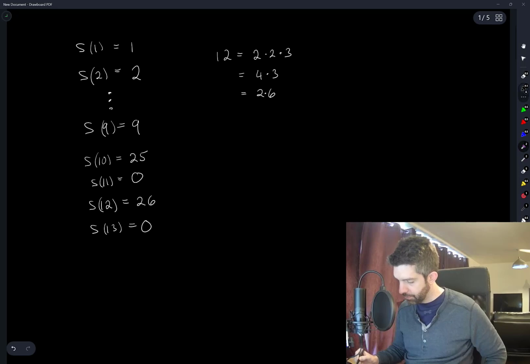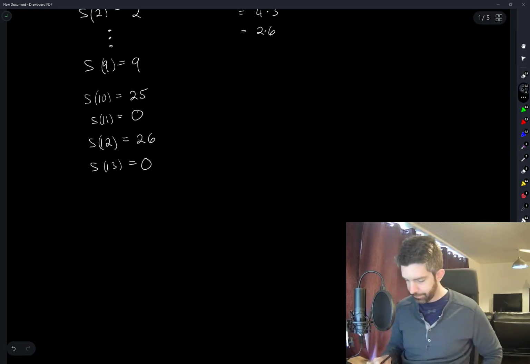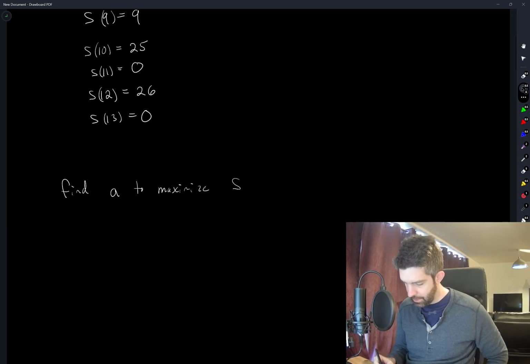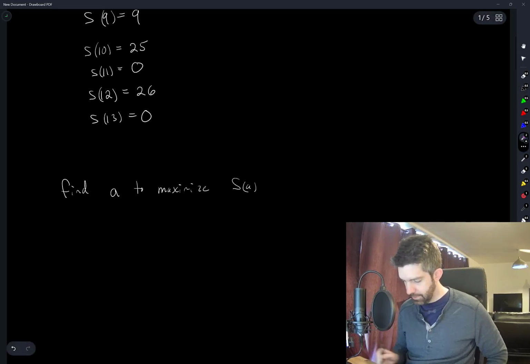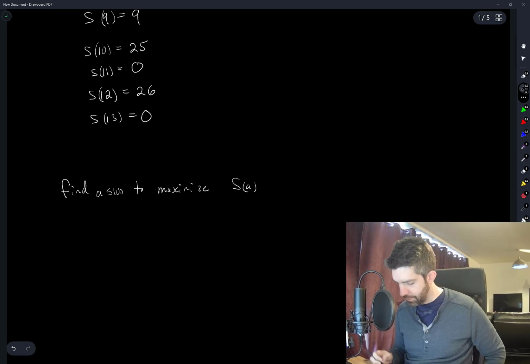So in terms of answering this question for positive integers less than 100, we want to find a less than 100 to maximize s of a.